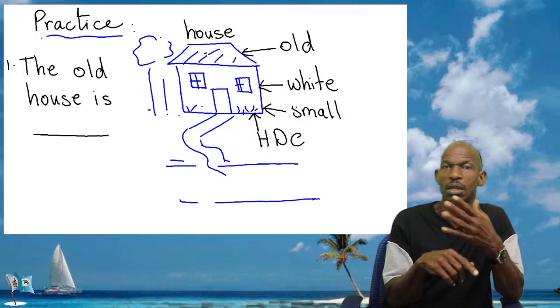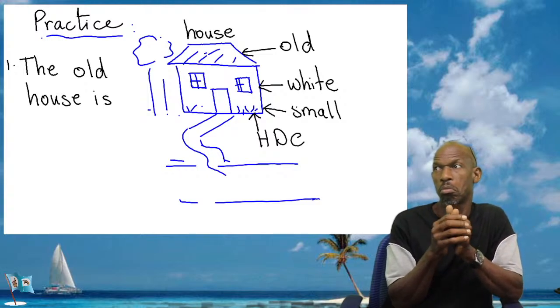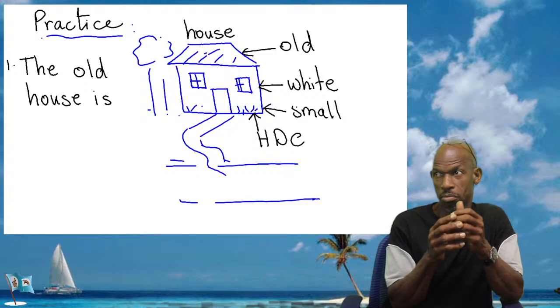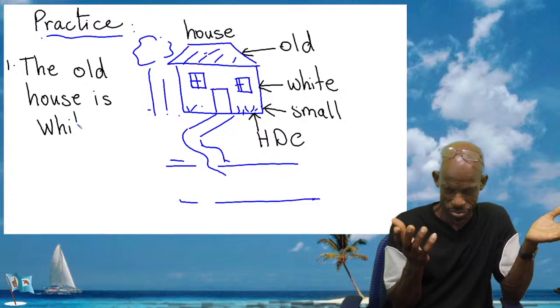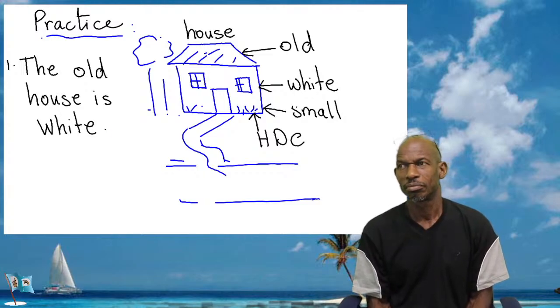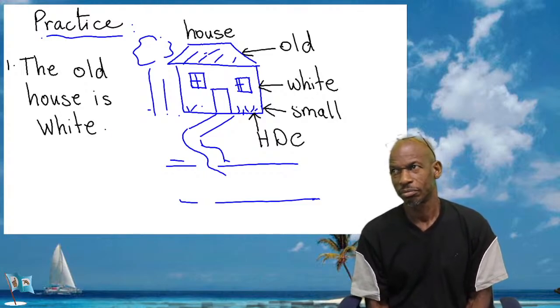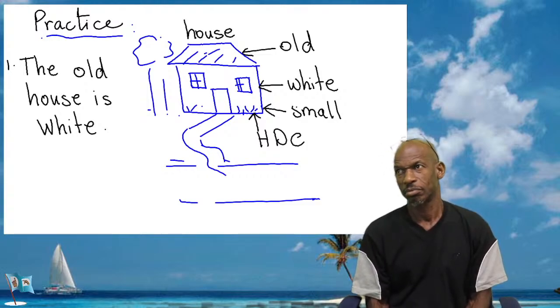I could use an adjective if I want. I can say the old house is white. So I use an adjective after, and I can use an adjective before. So this is my adjective here, and after the adjective, I put the noun.